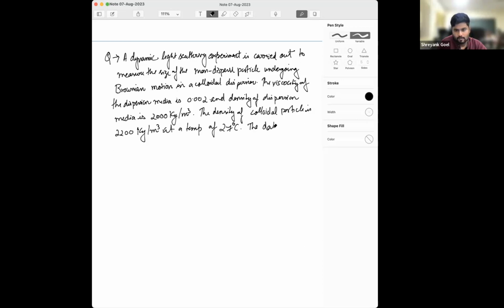The data obtained from DLS is: g2 minus 1 into 10 to the power minus 10, the function of second order that relates the intensity with the time. So that is 0.2.